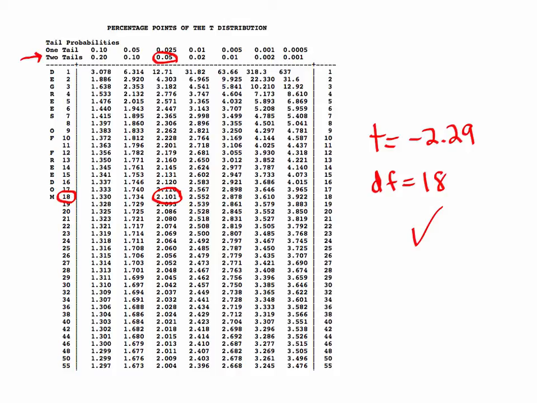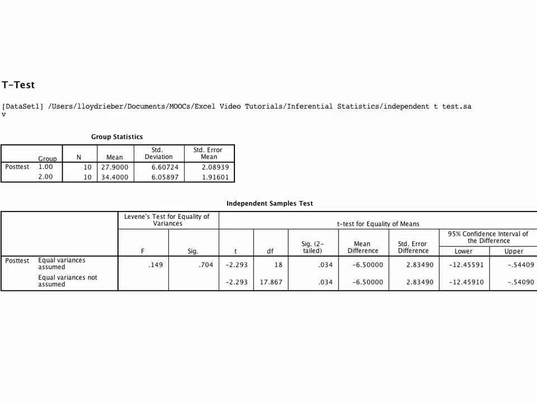Of course, we better check our work, so let's compare the results of our Excel spreadsheet with those calculated with SPSS. Here's the output from SPSS, and of course there is a lot of data here, but let's just check out some of the key elements. So for example, here is our t value.